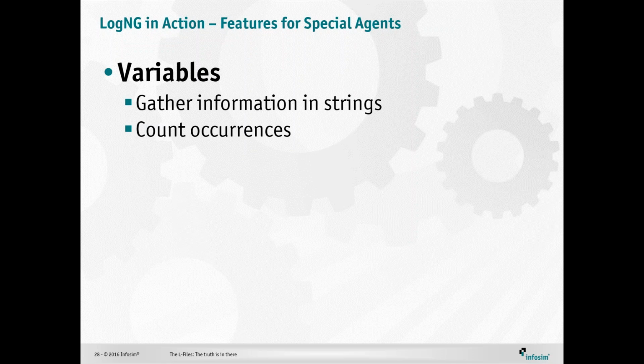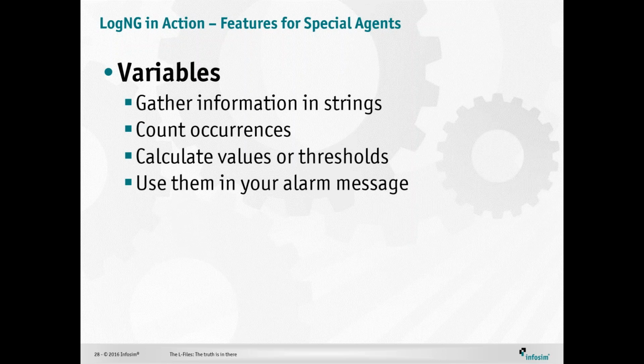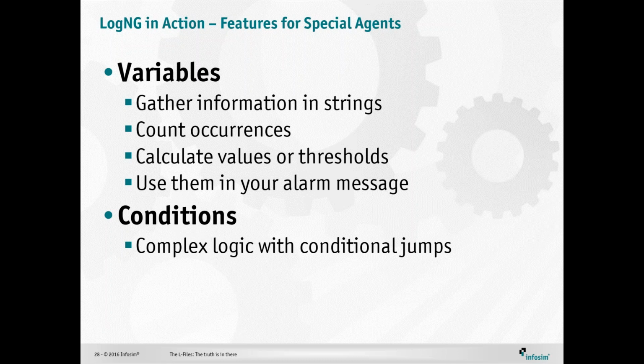You can count occurrences, you can calculate values or thresholds, and you can, of course, use them in your alarm message. When you use your own variables, you can also define conditions. And with your own variables and conditions, you can specify complex logic with conditional jumps.